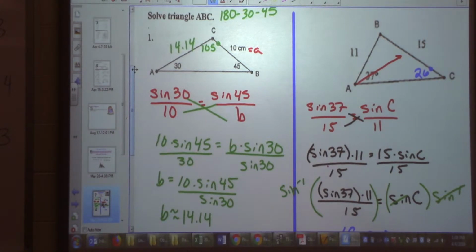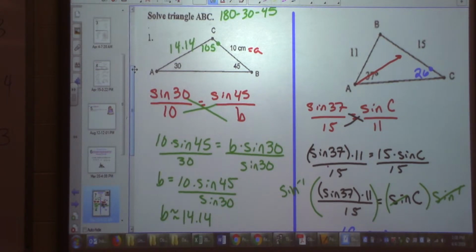15 times 9, that's straight across. No, I'm looking for B. So that means we're looking at the side. So should you use the inverse sine?